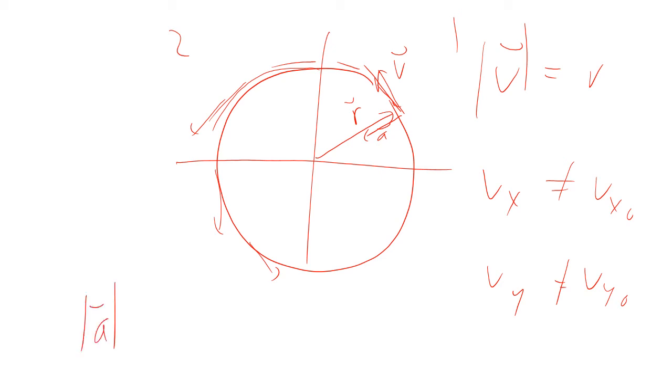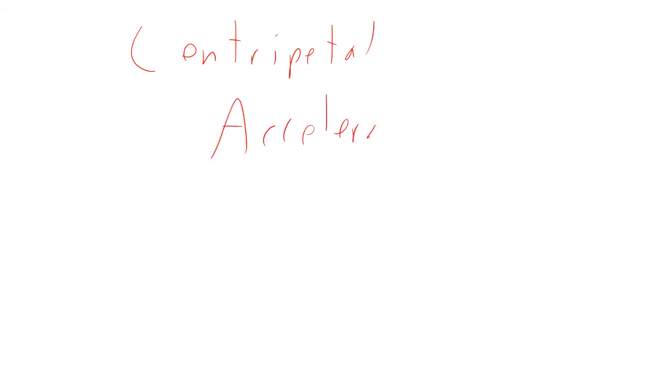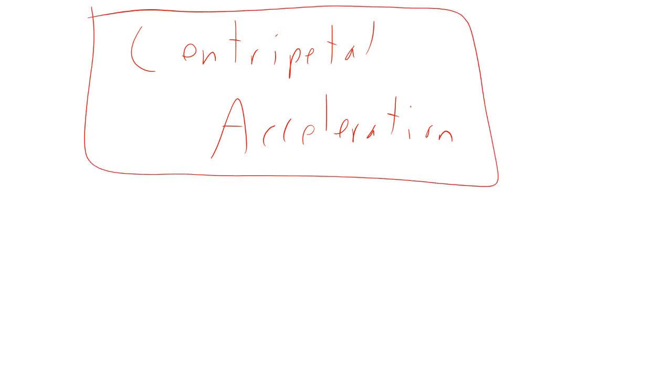So the acceleration is going to be minus omega squared r, which has magnitude omega squared r. Well, it's a circle. So in circular motion, r is constant. So the acceleration has constant magnitude. It's always pointed towards the center of the circle. So we call that centripetal acceleration. So that's always pointed towards the center of that circle.